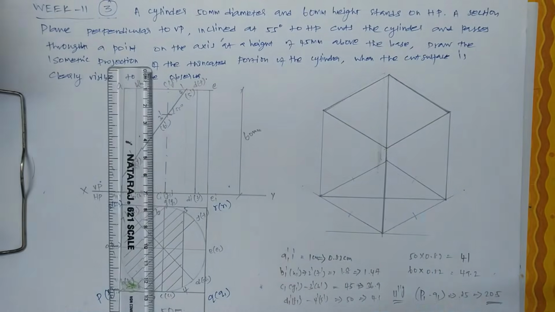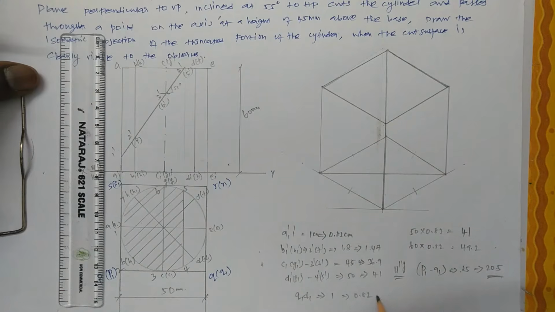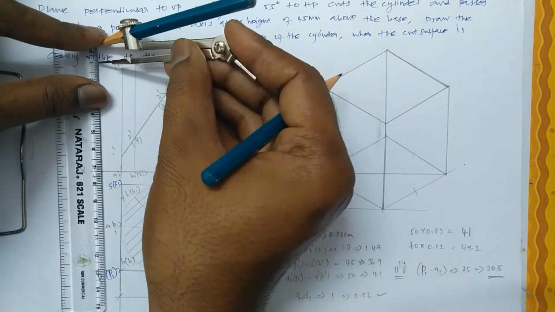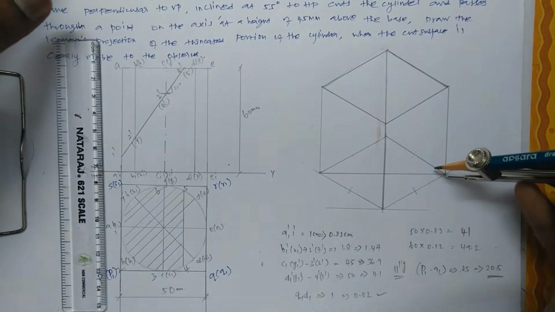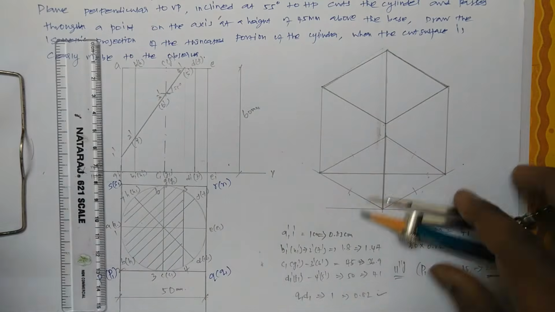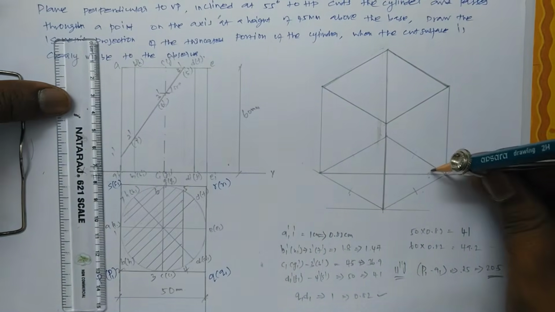From all the edges it is the same, so it can be transferred as a foreshortened distance, and you will be able to intersect that P to R and S to Q line. It is 0.82. It will be 0.8.